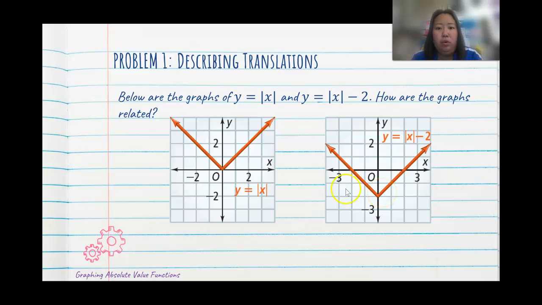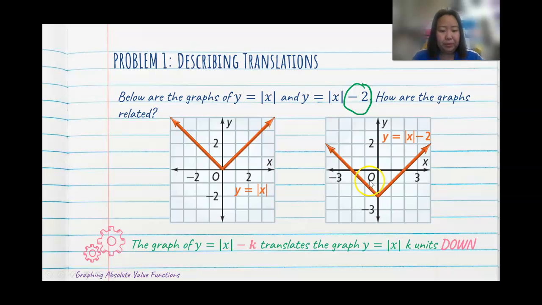And so if you're going to take a look at the equation, the movement that we saw is actually right over here. It simply says, okay, it went 2 downwards, okay? So the vertex moved over here now, okay?